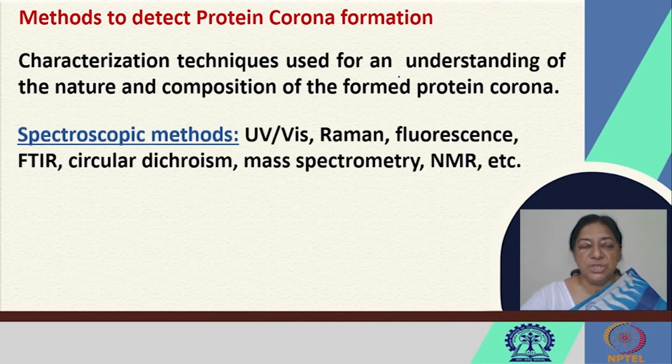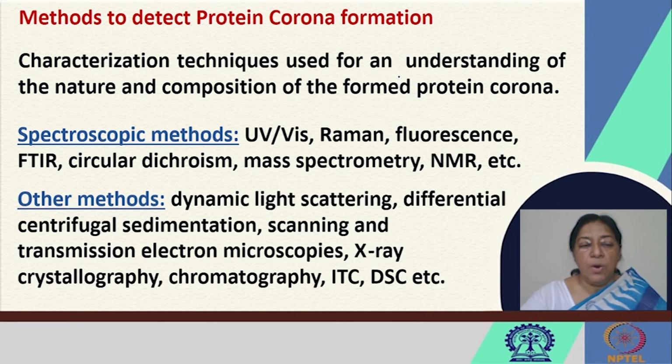Spectroscopic methods such as UV-visible, Raman, fluorescence, FTIR, CD, that's circular dichroism, mass spectrometry, and NMR can be used in addition to optical methods or other methods such as dynamic light scattering, differential centrifugal sedimentation depending upon the size, then scanning and transmission electron microscopy, X-ray crystallography, chromatography, and ITC and DSC.